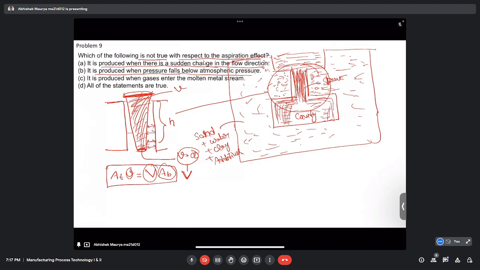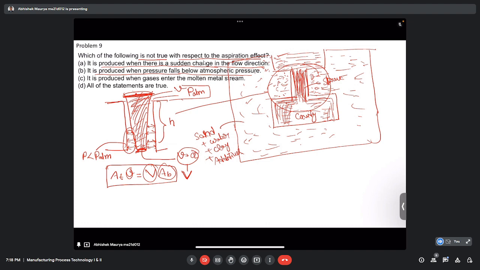At the top of the sprue the pressure was atmospheric pressure, and if you solve Bernoulli's equation from top and bottom, you will find the pressure in this region is less than P atm, because the flow velocity has changed.